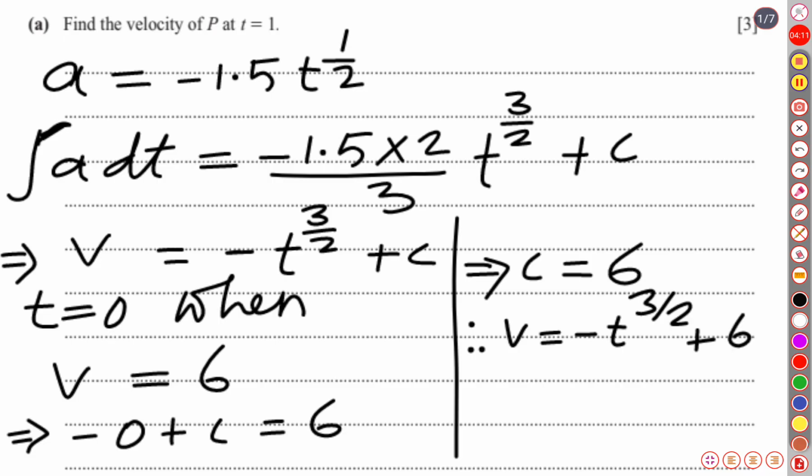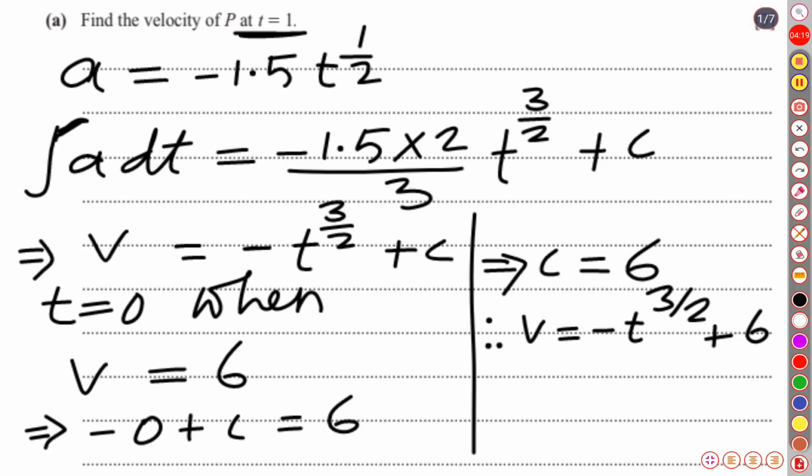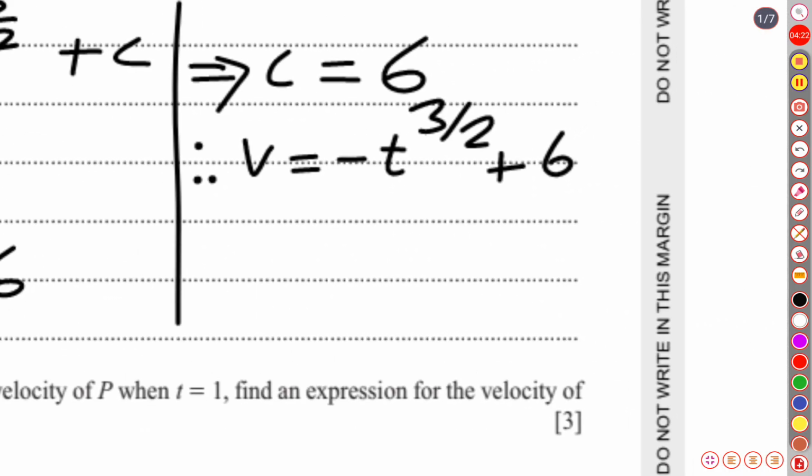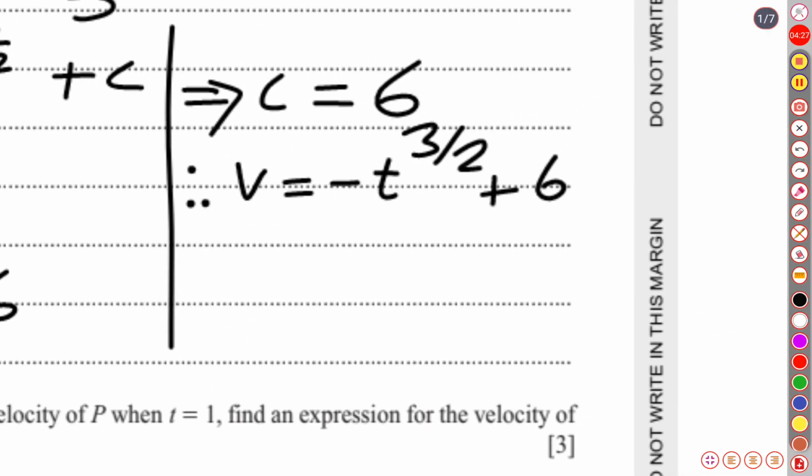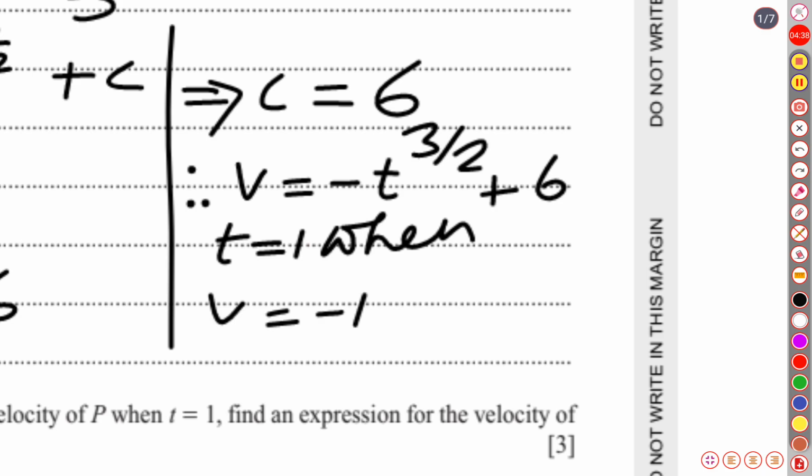Now they have told us to find the velocity when t is equal to 1. So just substitute t equal to 1. When t equal to 1, v is equal to negative 1 raised to 3 over 2 plus 6.